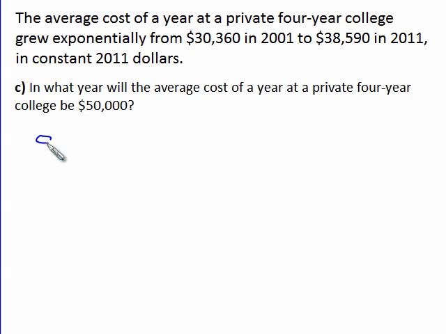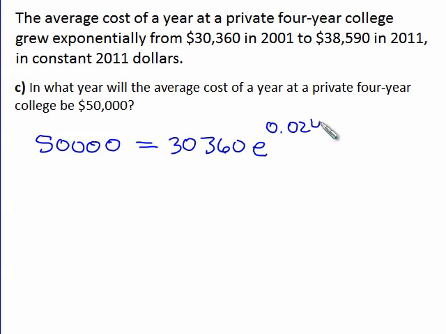Well, now they want the output to be 50,000. And we had our function, which was 30,360 e to the 0.024t. That was our model. And now we don't know what t is. We're trying to find the year. So the first step to getting t isolated is to divide both sides by 30,360.